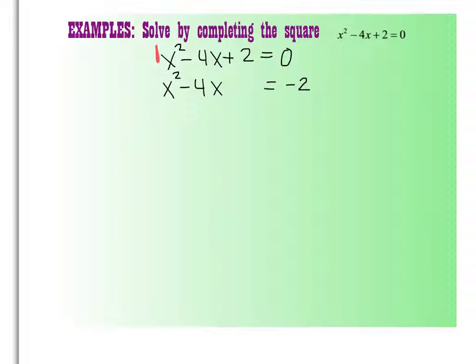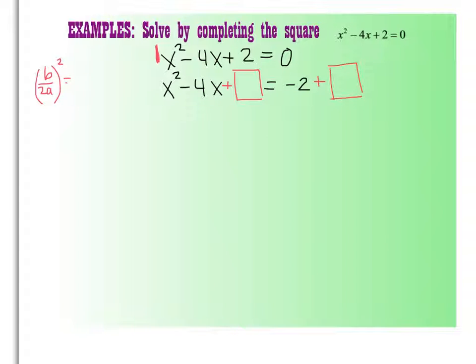Now I've left some space here intentionally because when I complete the square, I'm going to be adding a number to both sides of my equation. And the number that I add is using the formula b over 2a squared.